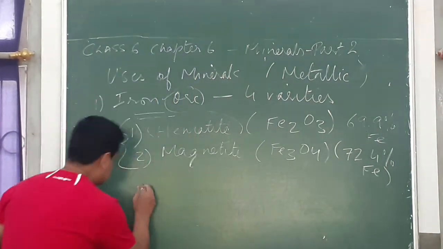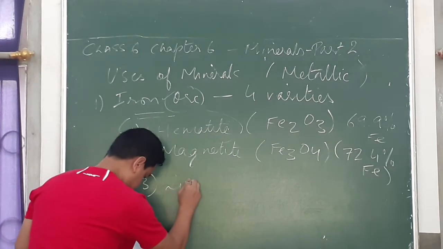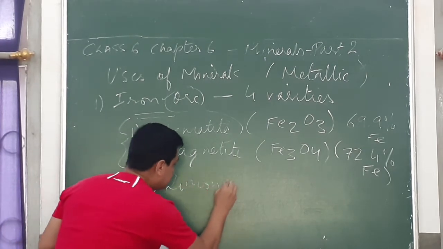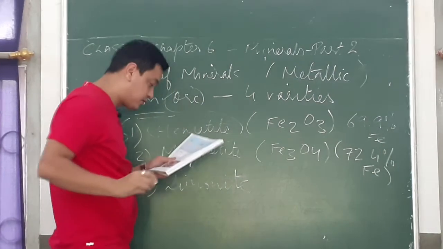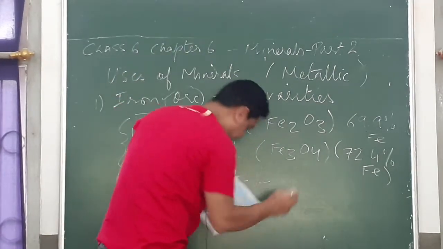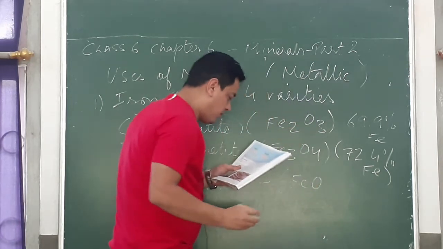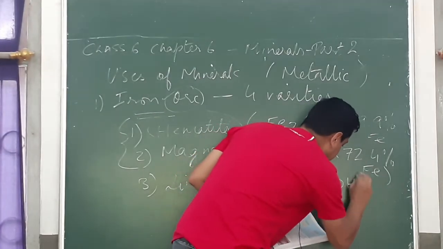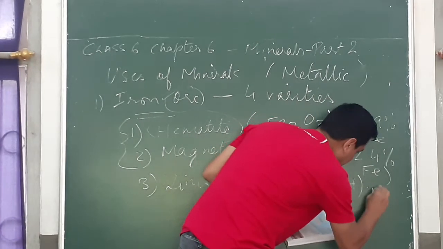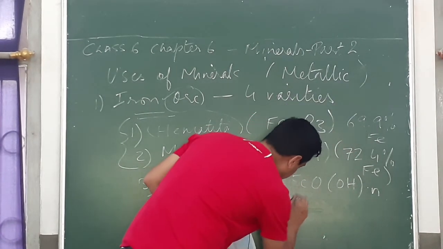The third iron ore is known as limonite, you can refer to your book if you cannot understand the handwriting. FeOOH.nH2O, with H2O in the bracket.